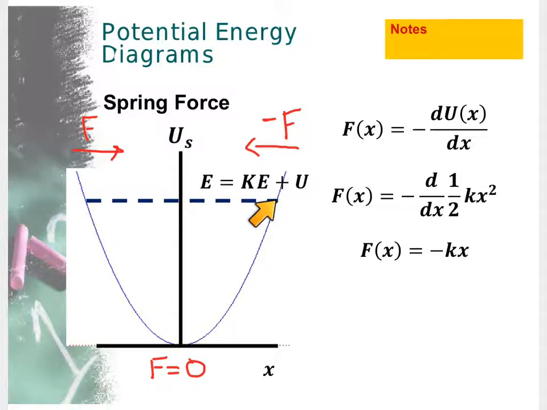Now, is it going to stay here? The answer is no, because I have a large negative force being applied to it. So once it stops, it's going to turn around, go this way, and it's going to keep on getting more and more speed because it's getting more and more kinetic energy. Until it gets here, the force is 0. It has a lot of kinetic energy, so it's going to want to keep on going, until it runs out of kinetic energy and comes to a stop at this point. Well, is it going to stay here? No, because there is a large positive force.